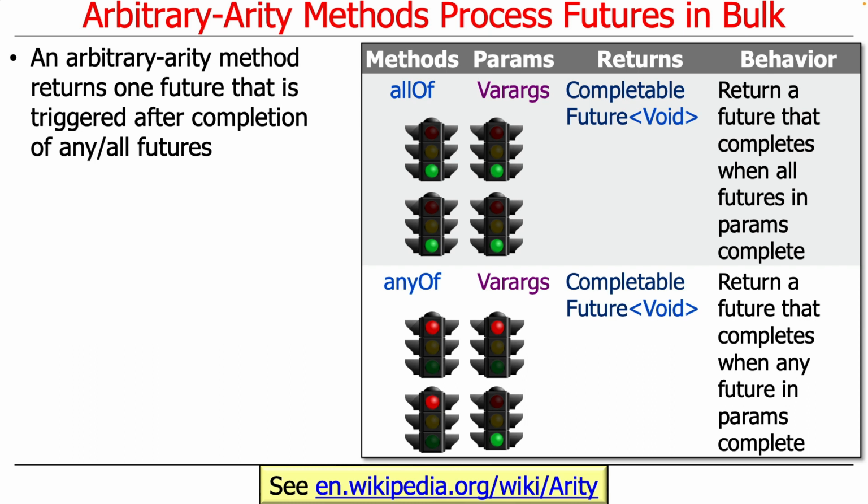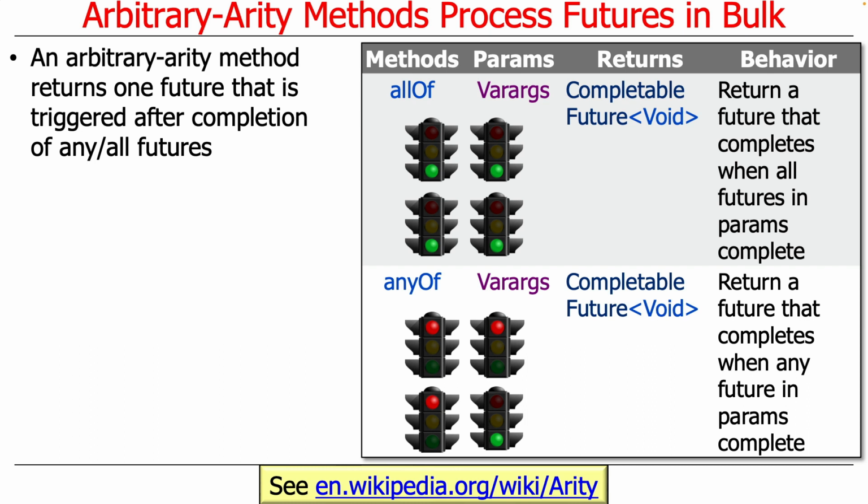Conversely, anyOf also takes this varargs parameter array. It returns a completable future to void, but the completable future that it returns will complete when any, or when the first of the completable futures that are passed in varargs finish. So think of it like a bunch of stoplights where you can go when one light turns green.